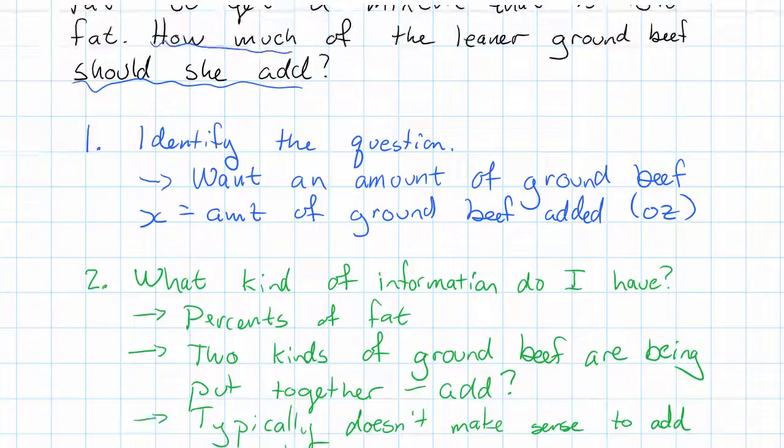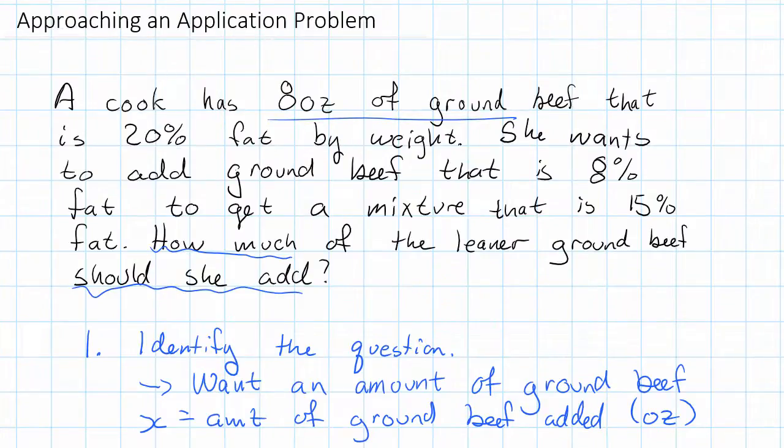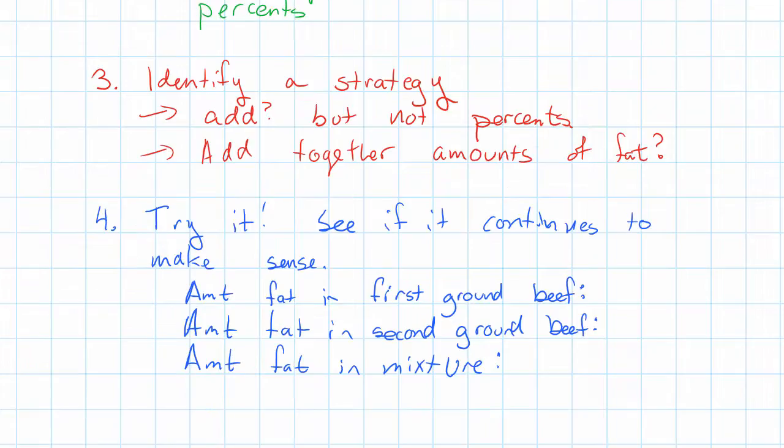Okay, so the amount of fat in the first ground beef. The first ground beef has 8 ounces that are 20% fat by weight. So that's easy. That's going to be just a number. We'll have 20% times 8 ounces.